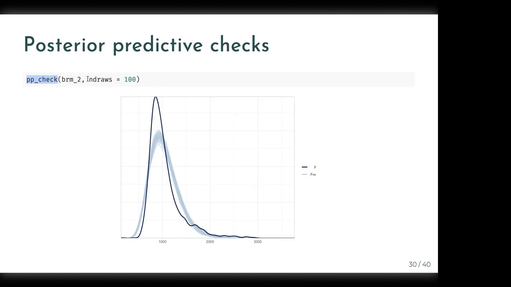And in this case, I chose to just plot 100. You can plot 10, you can plot 50, you can plot 1,000. The more you want to plot, the longer it takes for the model to run. These are predicted probabilities based on the draws from the model.